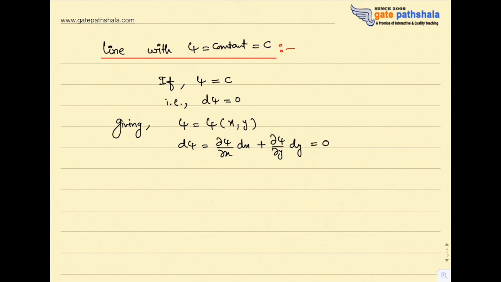If I substitute in place of dou psi by dou x minus v, and in place of dou psi by dou y u, I get an equation minus v dx plus u dy equals 0.